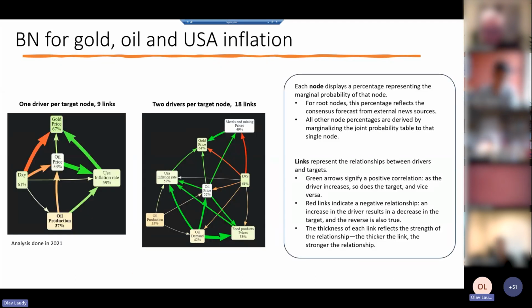In this slide, we will discuss two toy examples to demonstrate the interpretation of the resulting graphs, which is a little bit different from the usual Bayesian network displays. We are here modeling three target nodes simultaneously: the gold price, the oil price, and the USA inflation rate. On the result on the left, we have asked for each of those nodes to give us the single most important driver.